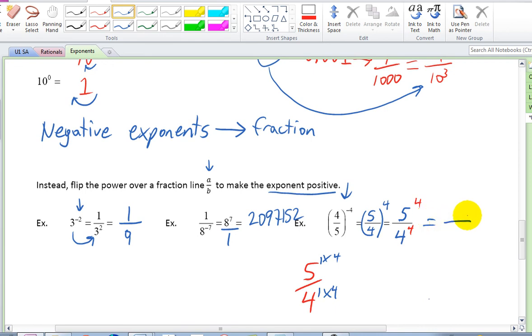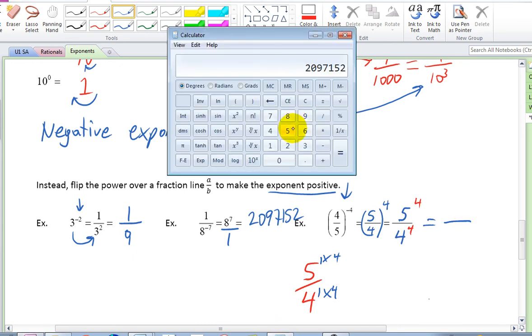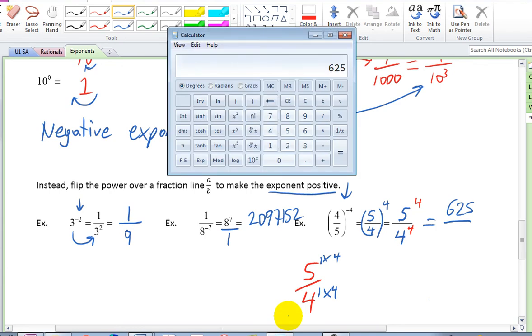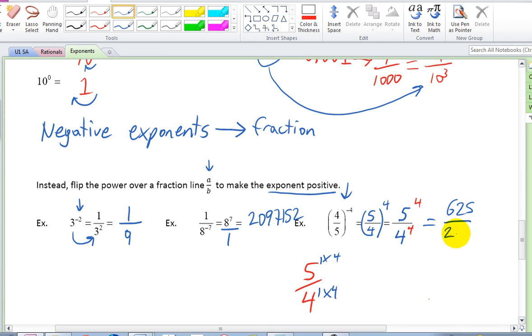Go ahead. Okay, and so that's our final answer. I don't believe we can reduce that. Okay. Any questions?